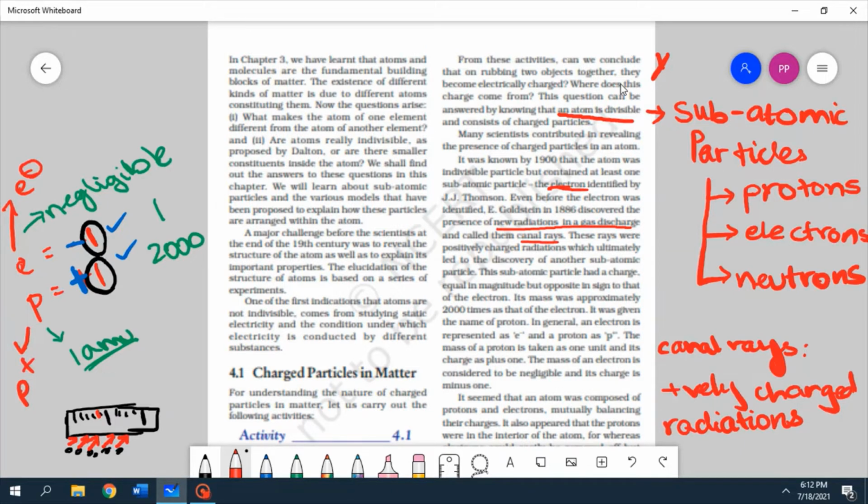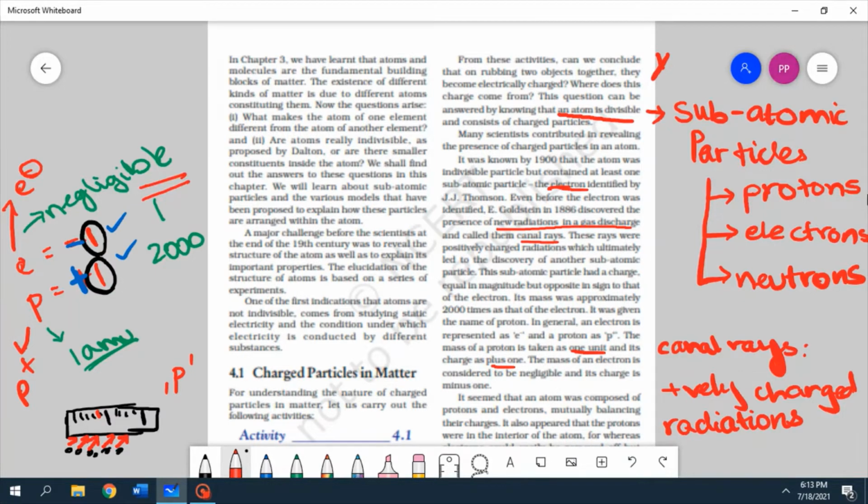An electron is represented as e minus and a proton is represented as p plus. The mass of a proton is taken as 1 unit and its charge is +1. This is also why it's written as P, 1 1. That means the proton has a charge of 1 and a mass of 1. And the mass of an electron is considered negligible and its charge is -1.